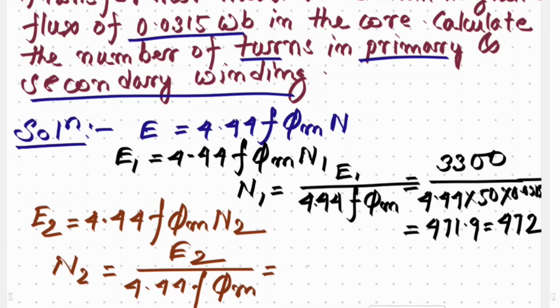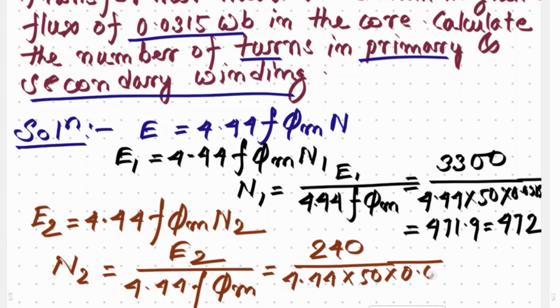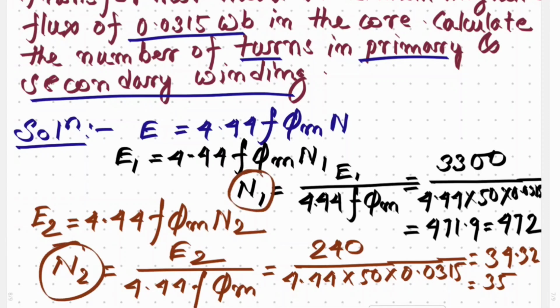E2 is given as 240 volts, 4.44, frequency is 50 Hz and flux is 0.0315. After calculation it will come to 34.32. So in round figures we can take 35 turns. So this is the calculation of primary turns, and this is the calculation for the secondary turns.